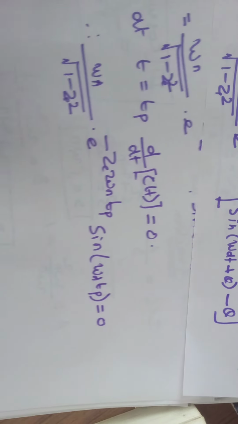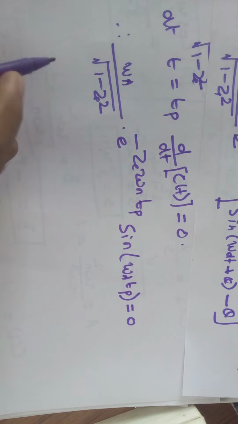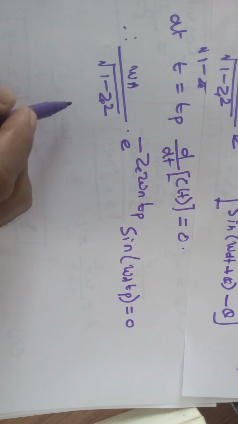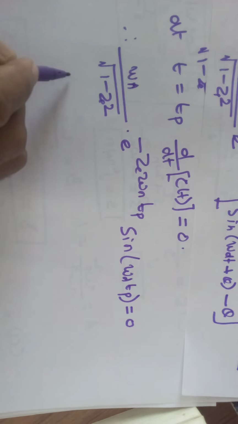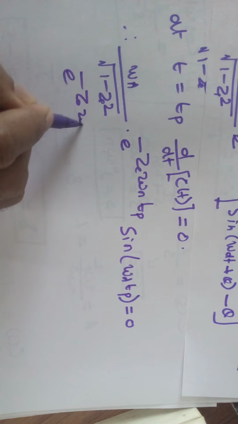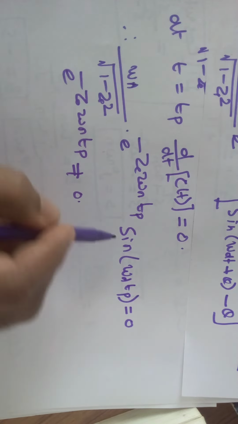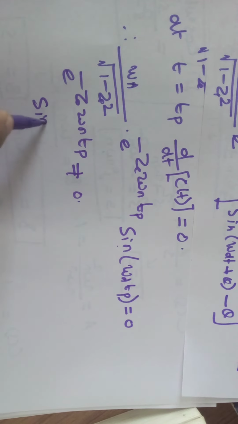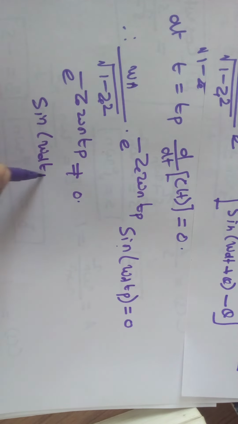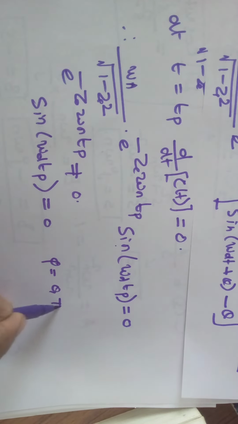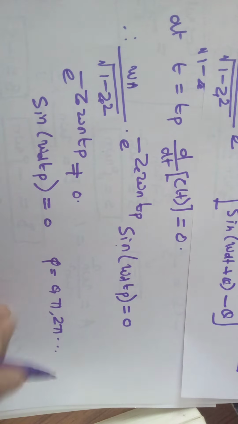Sin omega d Tp is equal to 0. Therefore this exponential term, e power minus zeta omega n Tp, is not equal to 0. Therefore only this term, sin omega d Tp, can be equal to 0, for the angle equal to 0, pi, 2 pi, etc.